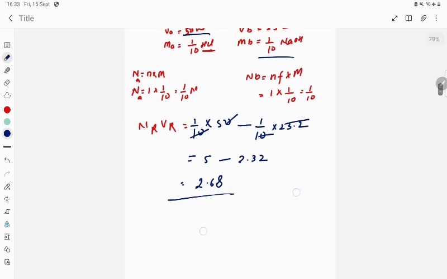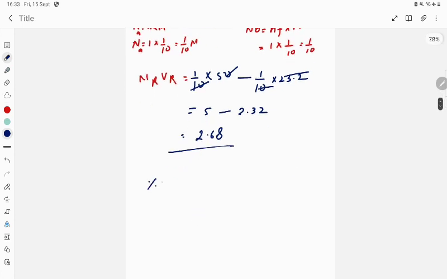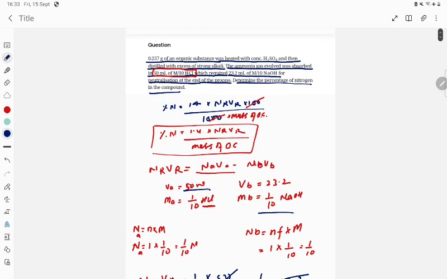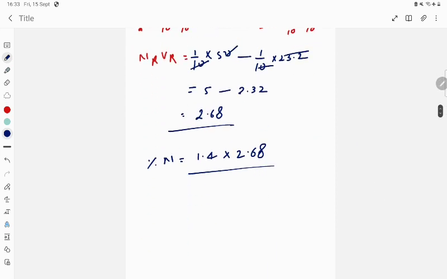Now percentage nitrogen, student, will be 1.4 into NRVR 2.68 divided by mass of OC. This is the formula we are using. The mass of OC is 0.257.